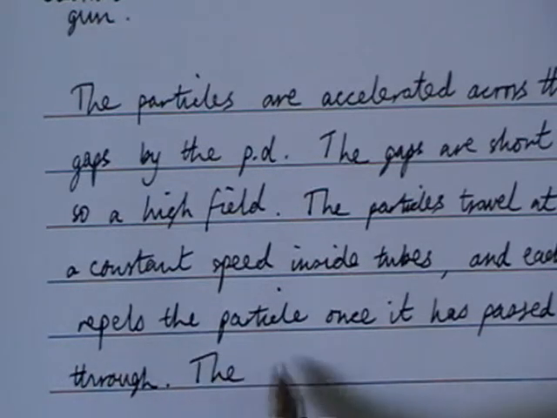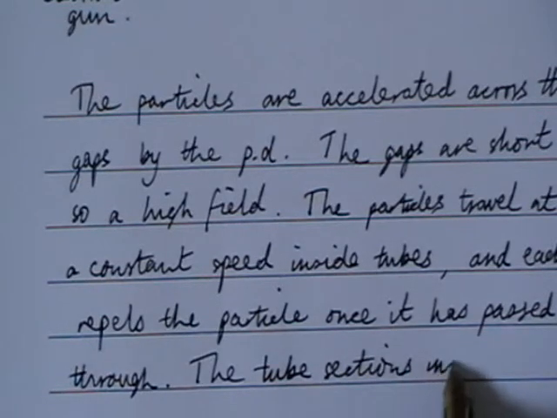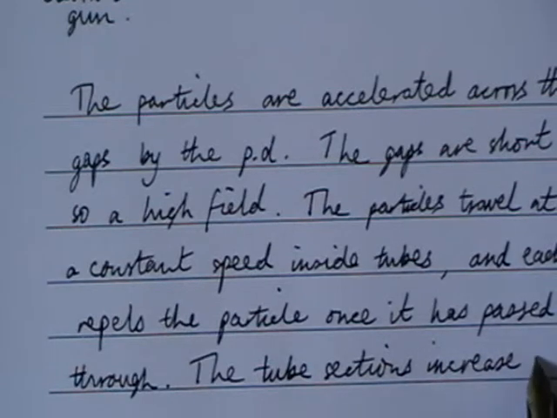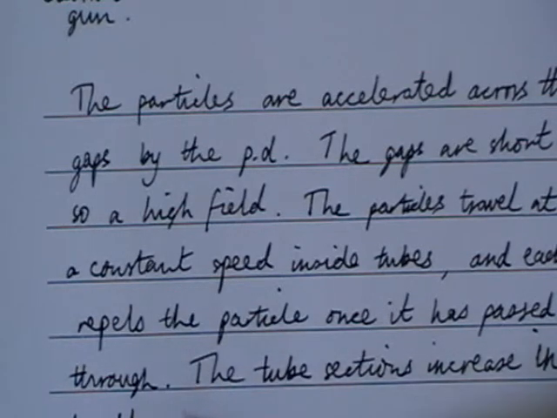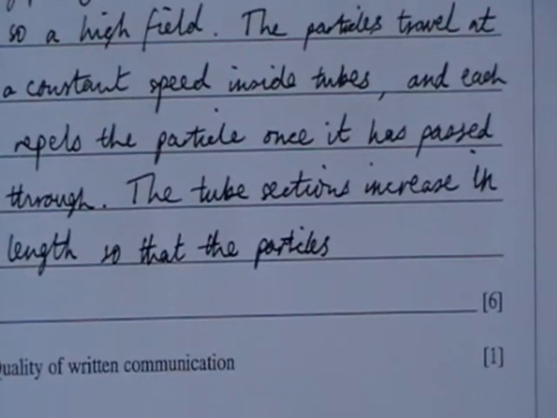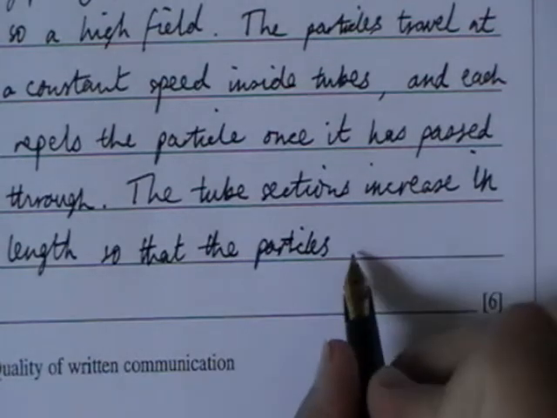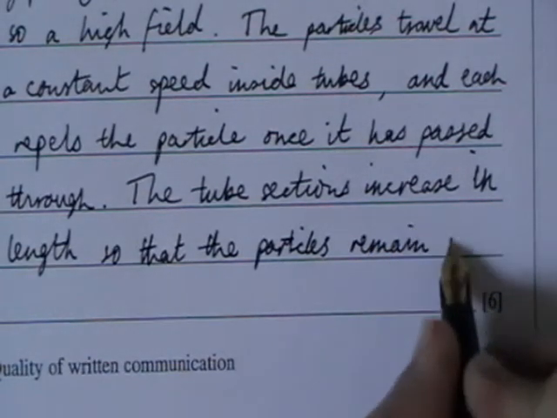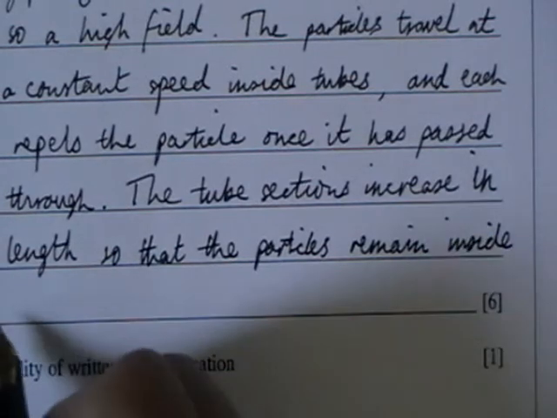And then the tube sections increase in length, and they increase in length in order for the time that it takes to pass through them to be constant. So the tube sections increase in length so that the particles are inside the tube for a full half cycle.